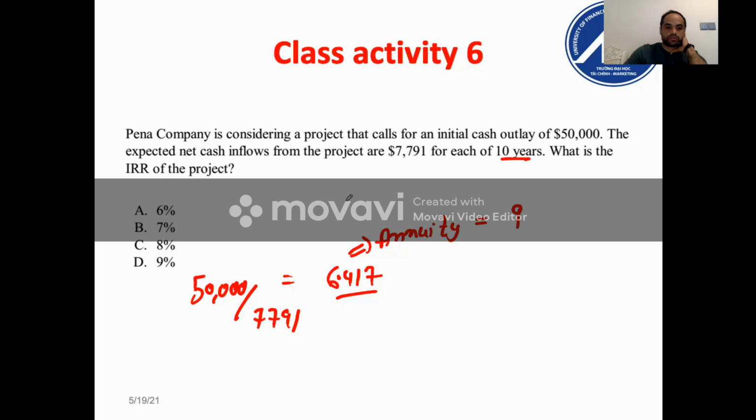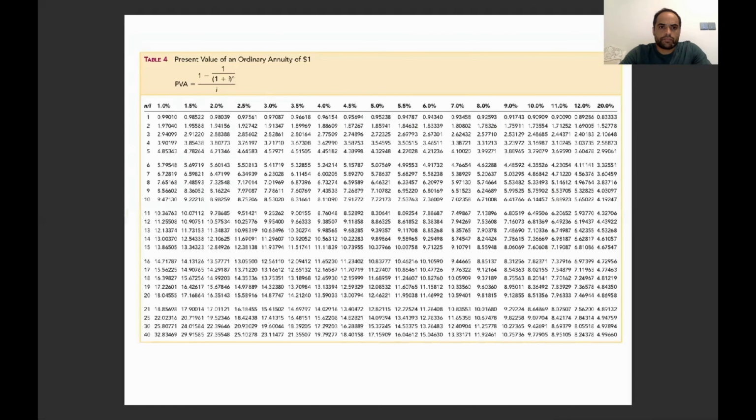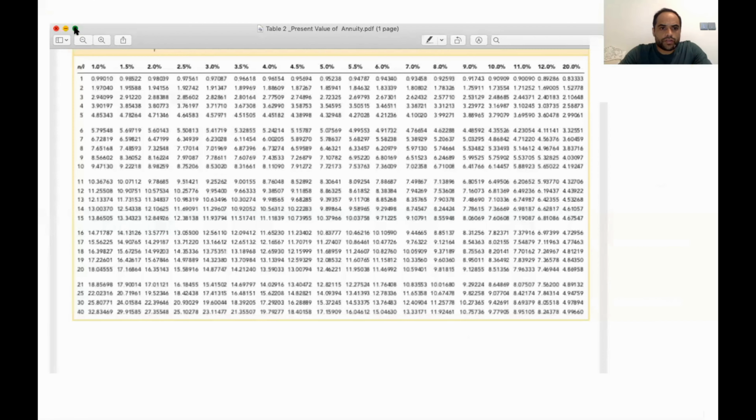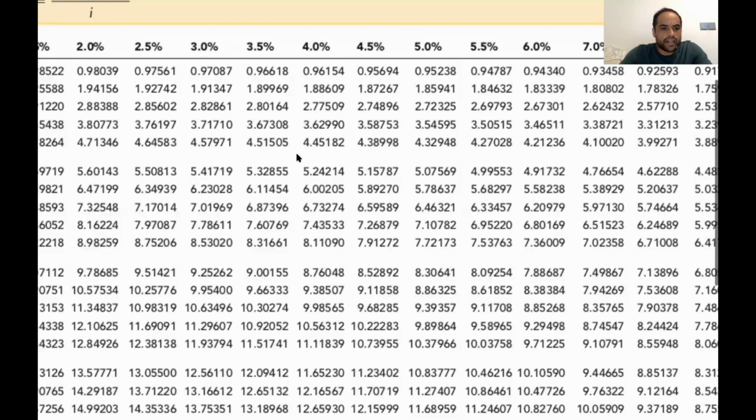So annuity table. Okay, so here is your table, 10 years.